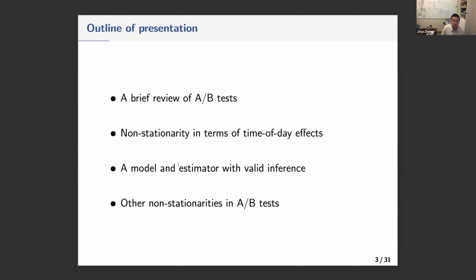I'll discuss the model we've done and the estimator we proposed, and then additional analysis for the estimator in terms of large sample properties, how to do valid statistical inference with our estimator in the scenarios with the non-stationarities. And I like to then conclude my presentation by discussing other types of non-stationarities and some related work on that.